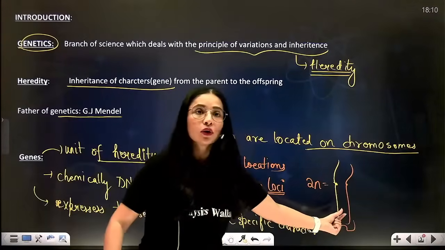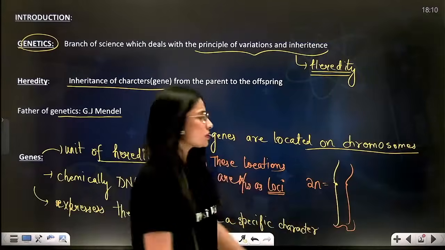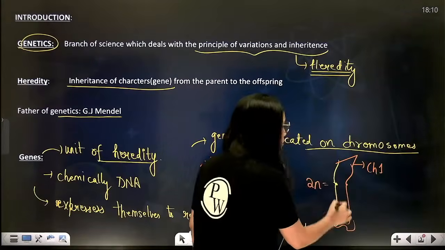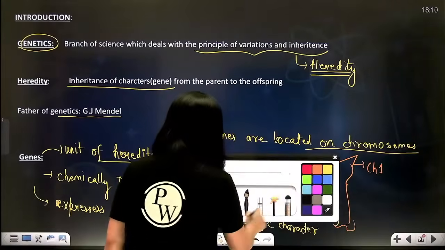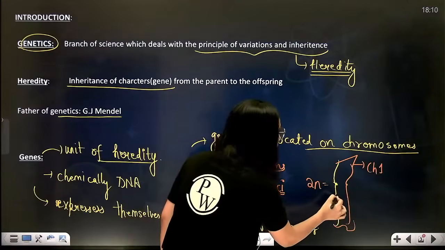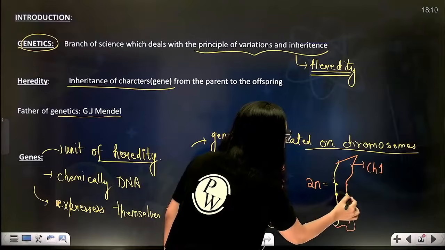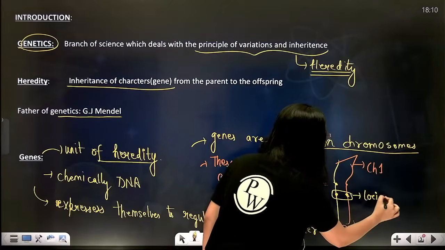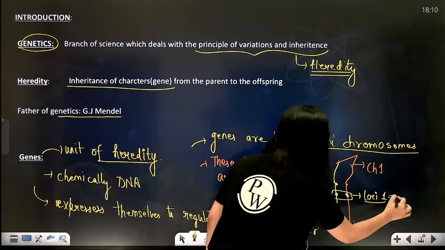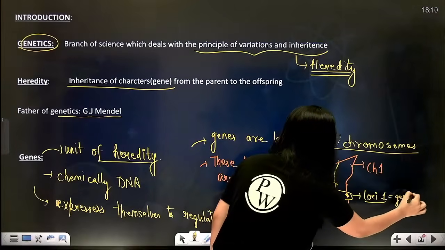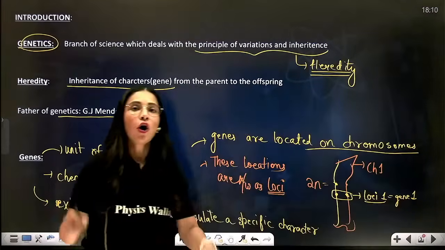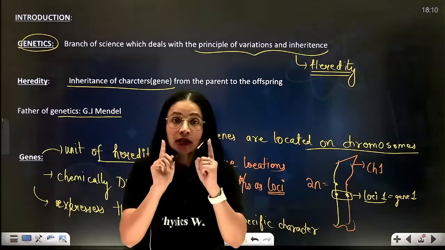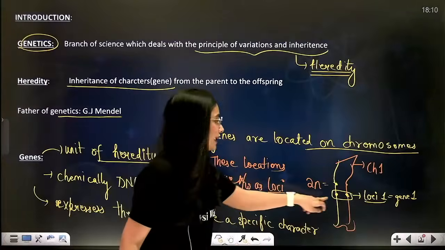Suppose this is a homologous pair, and this is chromosome 1. This set of chromosome 1 is having gene 1. So this overall is known as locus 1 having gene 1. On a homologous pair, for one gene, there is one locus like this.